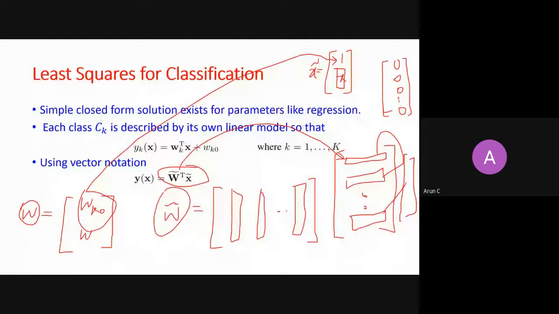Aniruddha Mohan. What do we want to estimate here? In this equation, what do we want to learn?